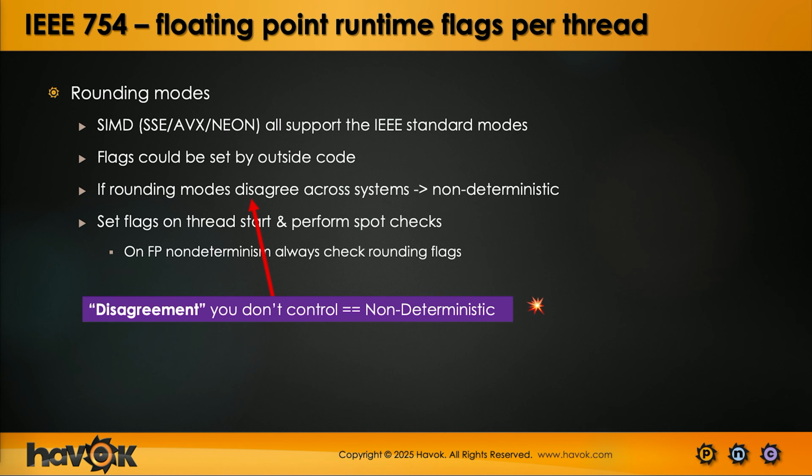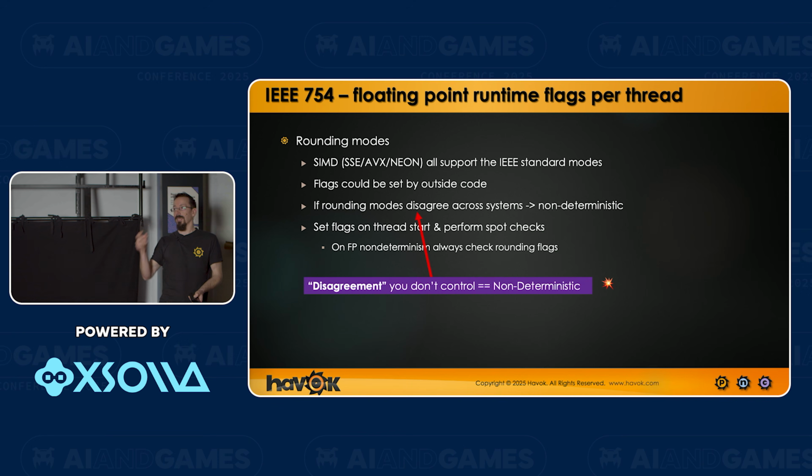Some libraries might set this, and there are hilarious bugs where someone links a library to his program and suddenly everything is wrong. And this is because it set the rounding mode or precision. Don't do that. Check. So what we do is we start our threads with the right setting, and we can do spot checks in the dev builds that no one fudged with it. Because otherwise we go wrong, and that's not great because it's really hard to find.